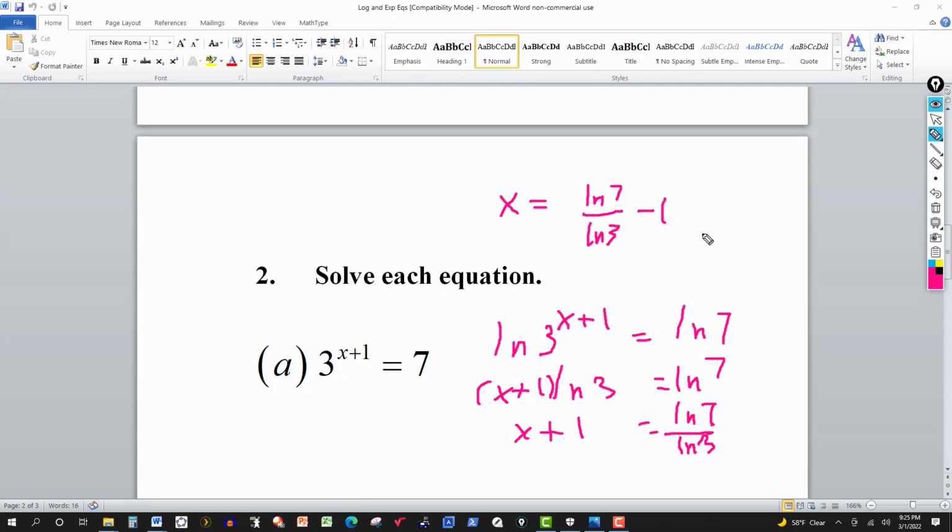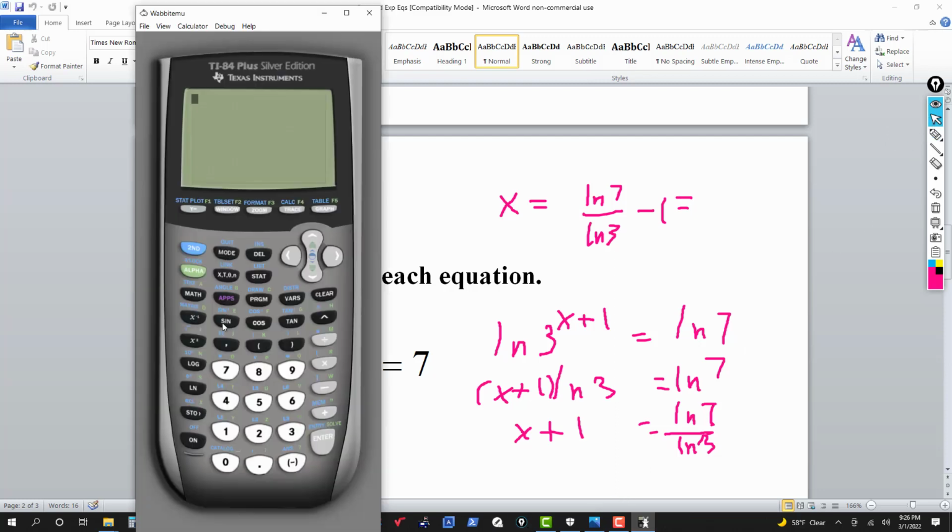Now that is the exact solution. So if the instructor asks you for the exact solution, you could give this answer. But if he asks you to approximate it, then you take out a calculator. It doesn't have to be a graphing calculator here. So we just enter ln 7 divided by ln of 3.